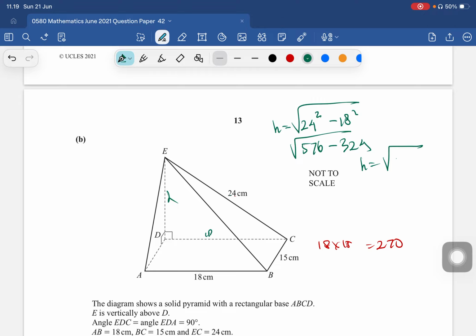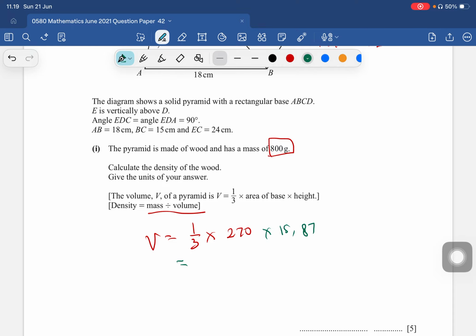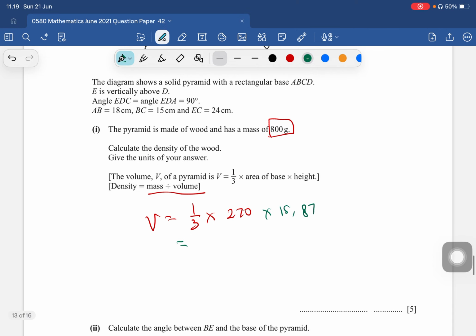This is 252. Square root of it is 15.87. Okay, so this is the height.